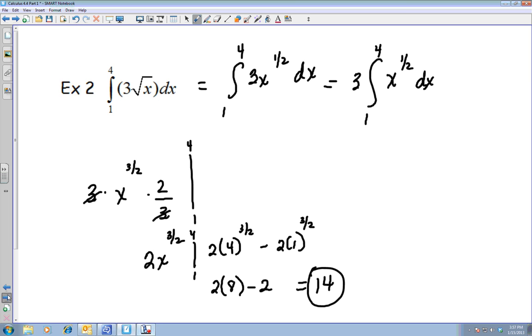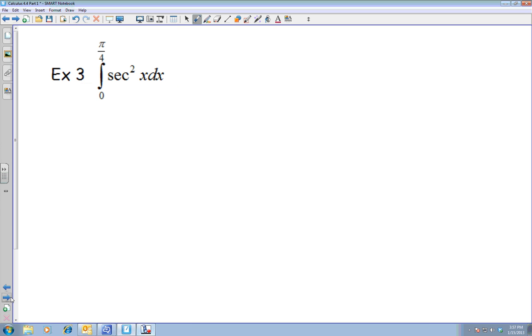Example 3. So I'm evaluating or finding the area of the curve from 0 to pi over 4 of secant squared x. Good thing is secant squared x is one of those easy antiderivatives that's on your chart or on your notes. The antiderivative of secant squared x is tangent x from 0 to pi over 4.